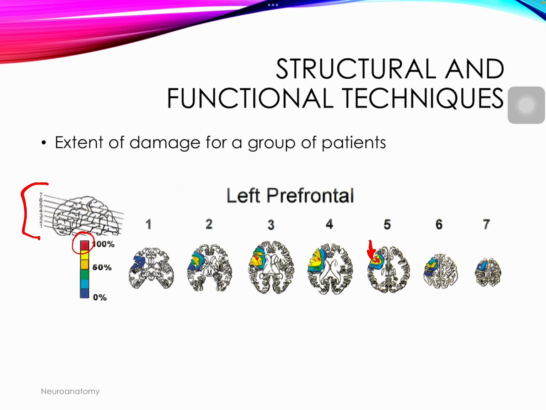So in this case, in slice 5, you can actually see the overlap here, and all of the patients had the same overlap. Here, all of the patients had the same overlap. Here, all. And then if you look at yellow, that represents this percentage. This represents 50%, so half of the patients had overlap in this particular area here. Or here, the more orange color, whereas more patients had overlap in the yellow.